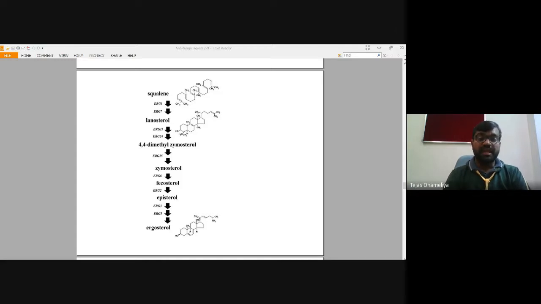But in fungi, in fungus cells, cholesterol is not that much required. They require ergosterol, and ergosterol is present in their cell walls. So that is a key component for the survival of fungus cells, or any type of fungus.